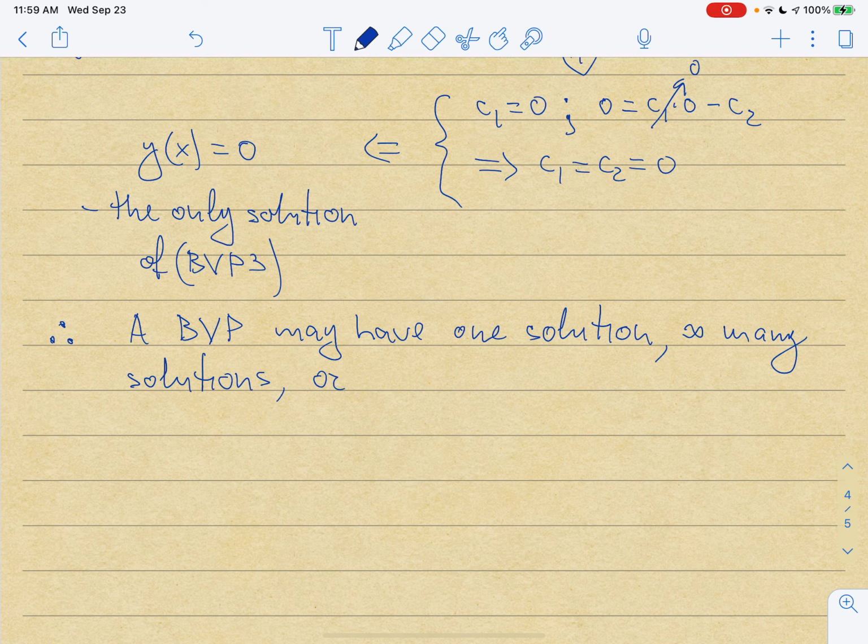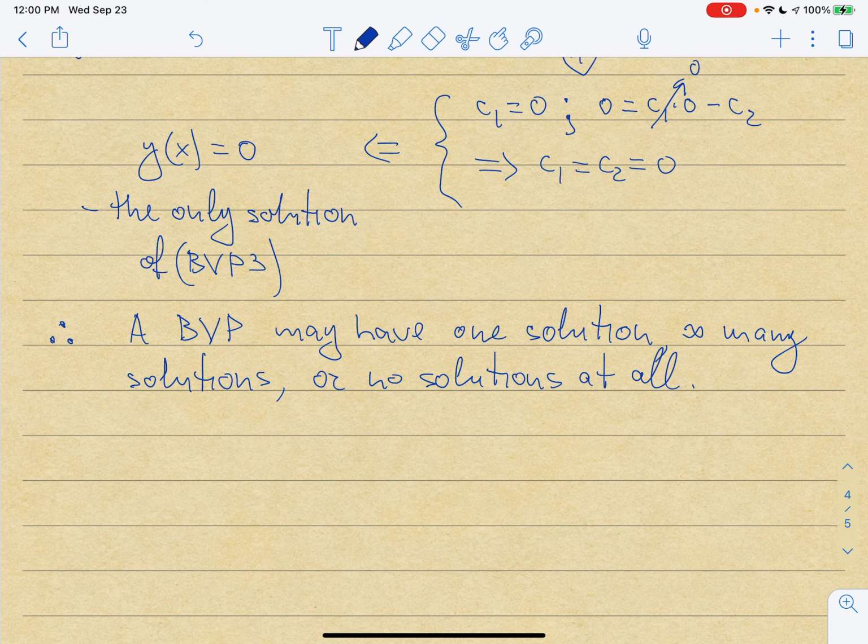Or no solutions at all. So in that sense, solving a boundary value problem is more challenging than solving the initial value problem. For initial value problem, for a nice equation, we always guarantee that you have a solution. But even for a nice equation, the boundary value problem may or may not have a solution, or it may have one solution or infinitely many solutions.